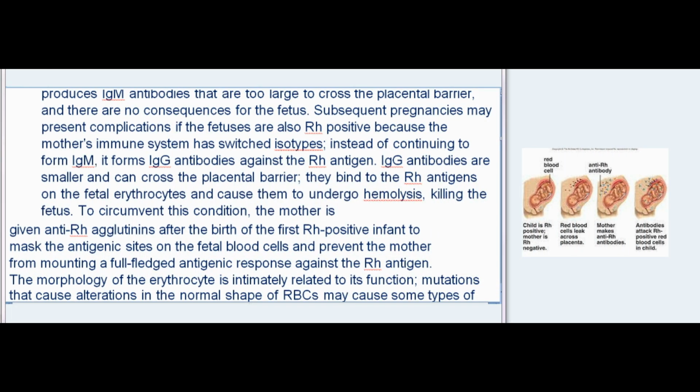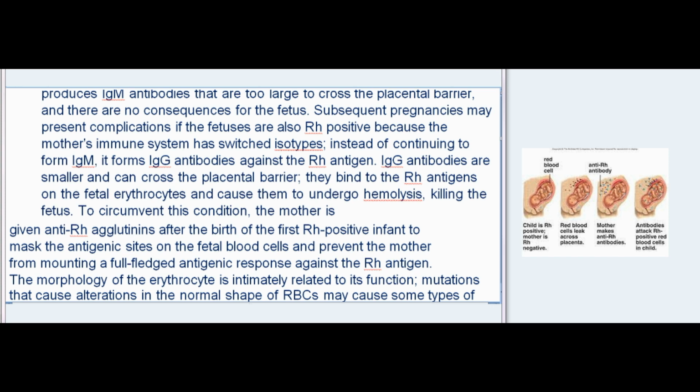Initially, the mother produces IgM antibodies that are too large to cross the placental barrier, and there are no consequences for the fetus. Subsequent pregnancies may present complications if the fetuses are also Rh positive because the mother's immune system has switched isotypes. Instead of continuing to form IgM, it forms IgG antibodies against the Rh antigen.